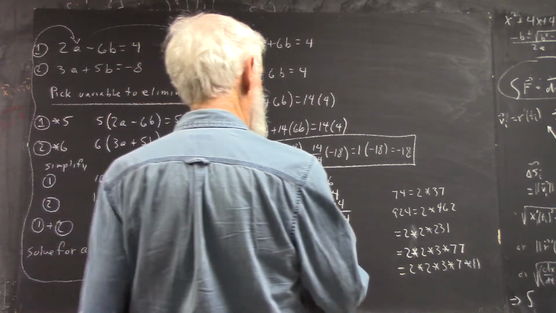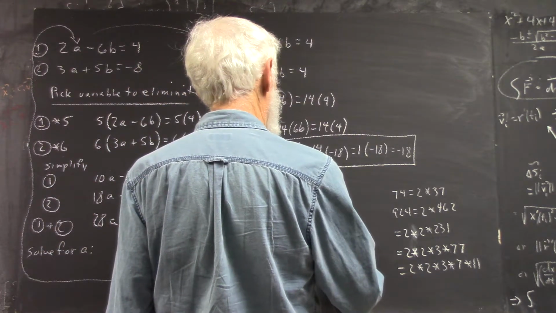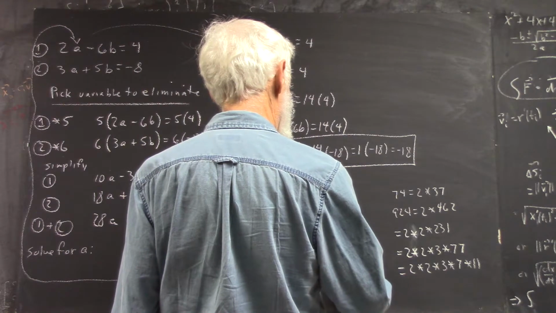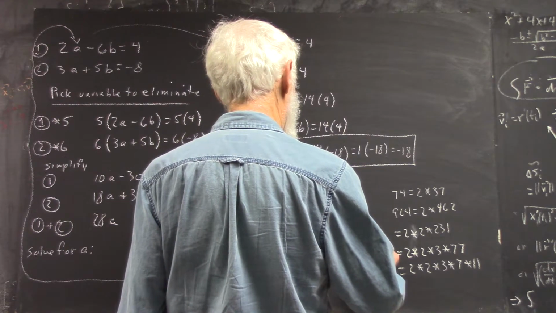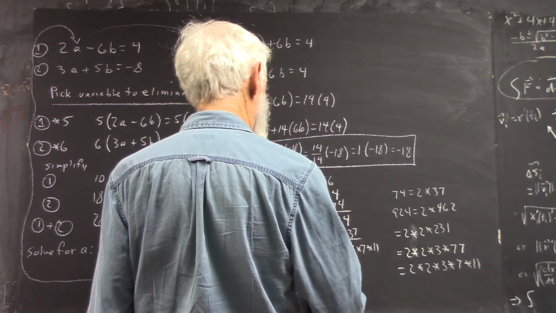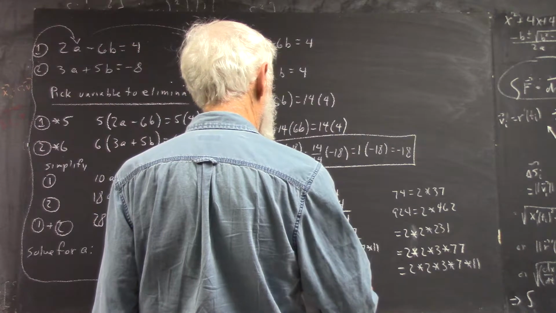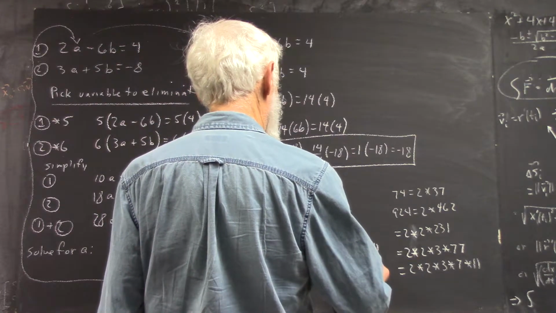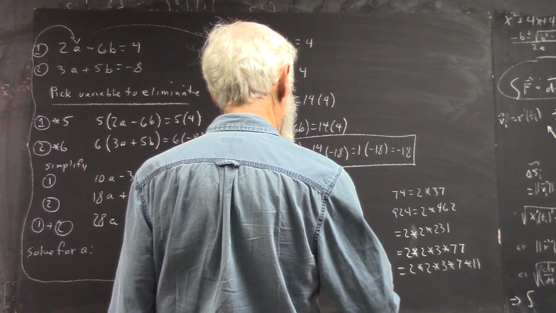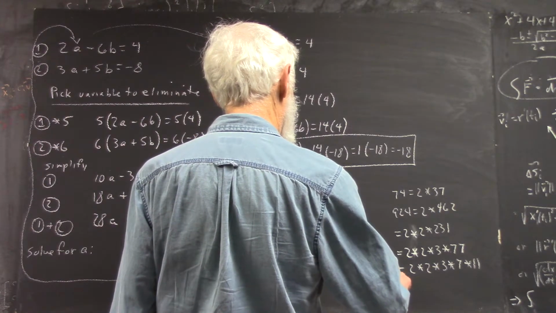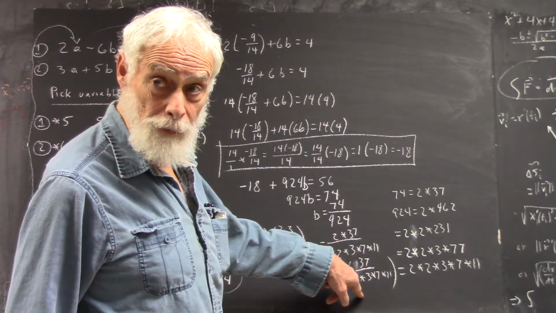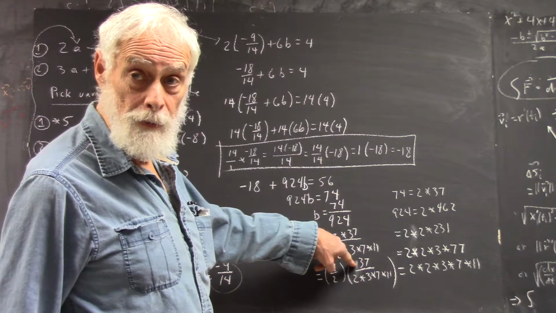So you say that b equals 2 times 37 over 2 times 3 times 7 times 11, which I could write as 2 over 2 times 37 over 2 times 3 times 7 times 11. And now nothing up here matches anything down there. Now why did I stop at 37?